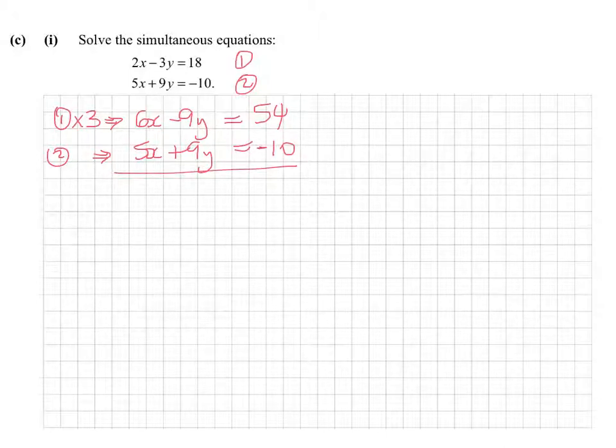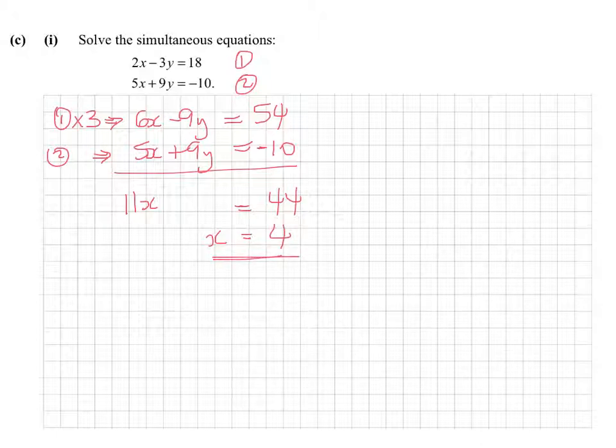So we now have the y terms with the same coefficient but opposite signs. When we add our two equations, we get 11x equals 44.